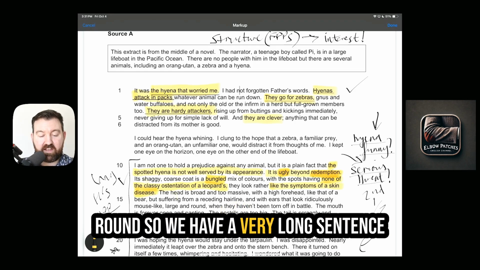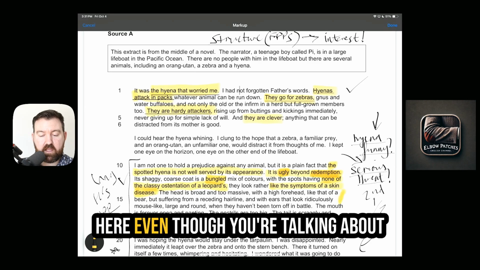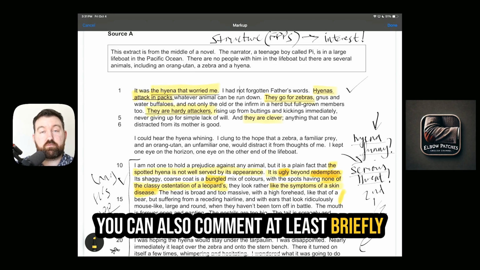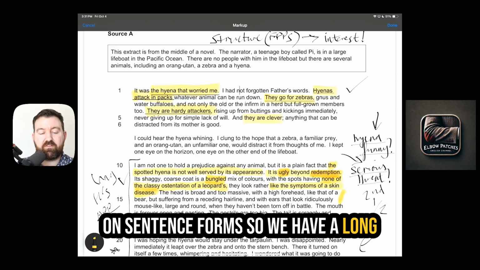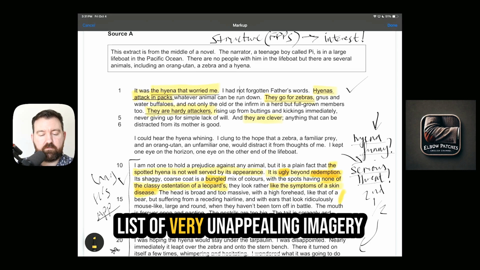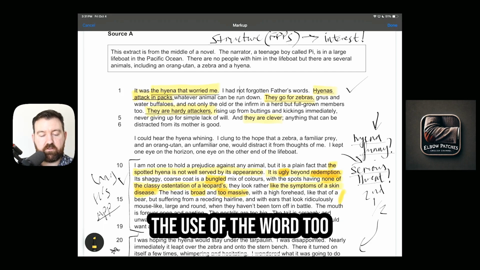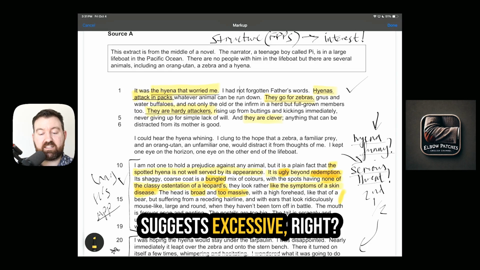So we have a very long sentence here. Even though you're talking about language, remember for question 2, you can also comment at least briefly on sentence forms. So we have a long list of very unappealing imagery. Head being too broad, too massive. The use of the word too suggests excessive, right?